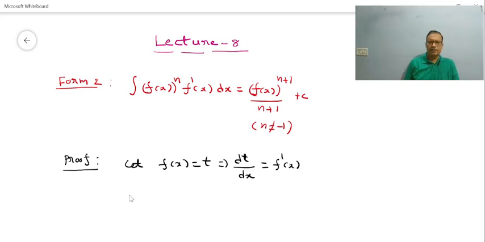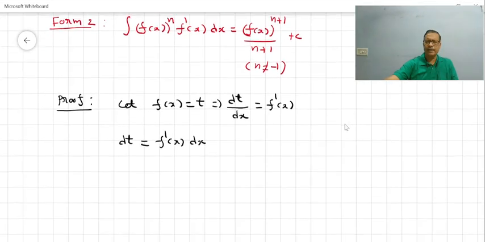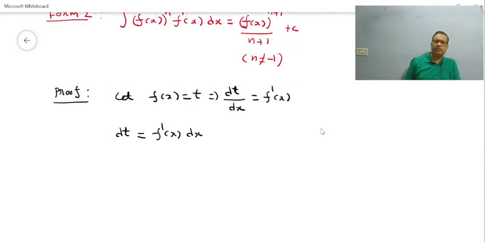So dt is equal to f'(x) dx. f(x) is equal to t, so differentiating with respect to x, dt/dx is equal to f'(x). dt is equal to f'(x) dx.